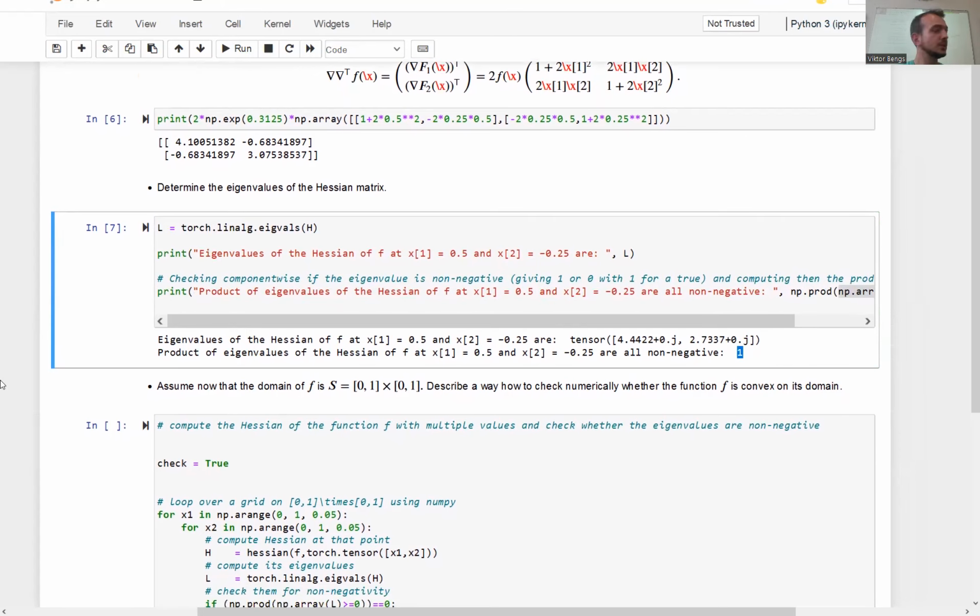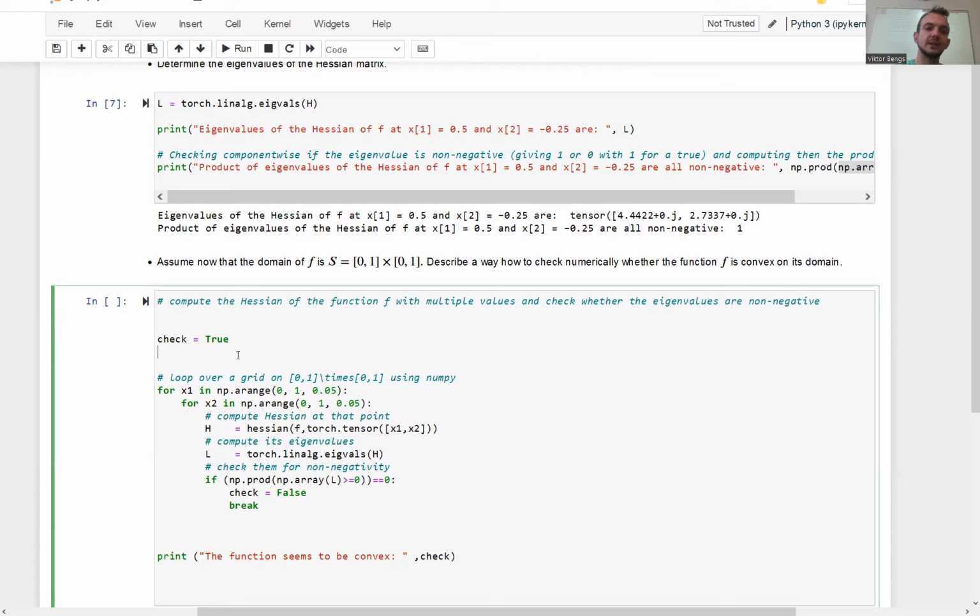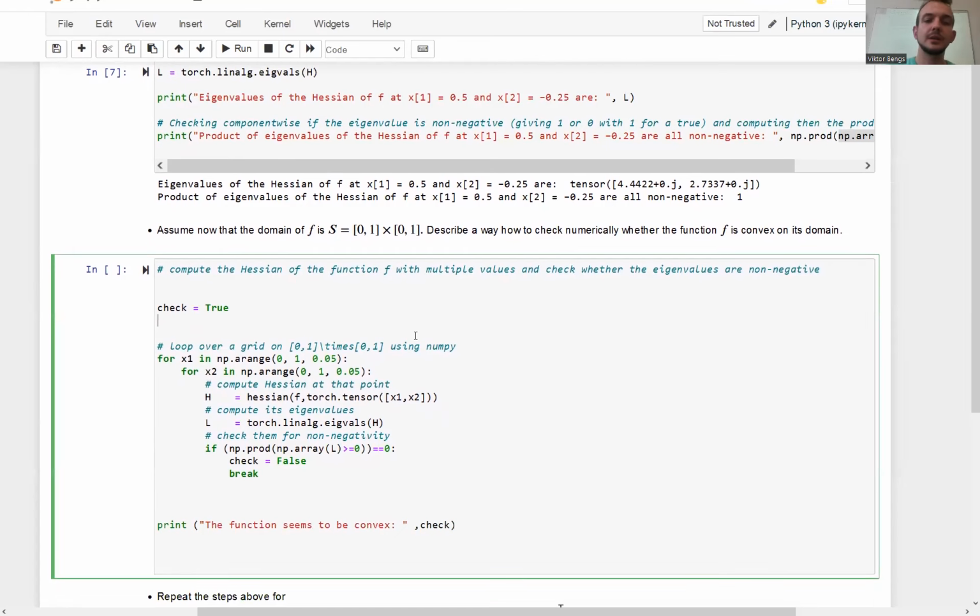And this can be used to check, so to be cautious, we can check numerically. I mean, theoretically you cannot check it, but you can get an intuition whether convexity holds or not, because convexity is really only from a mathematical perspective.